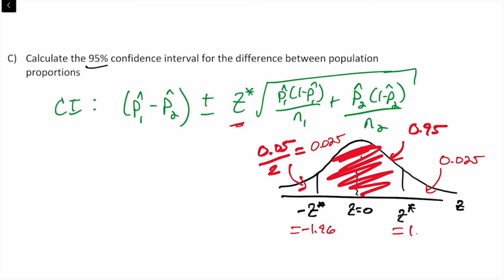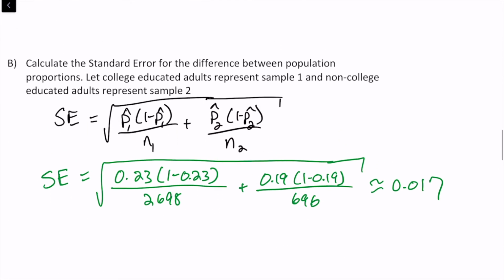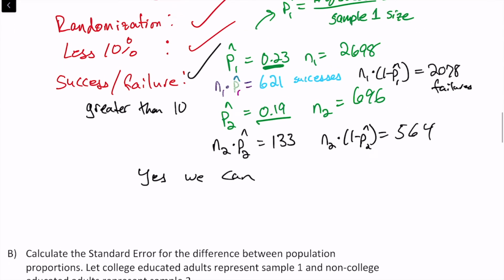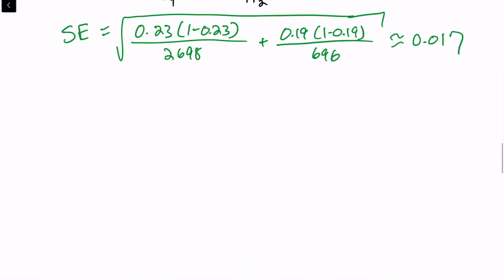Which means the Z critical that we're going to use is a positive 1.96. Always use the positive version. All right, so we have everything that we need. So here we go. The confidence interval will be p1 hat. If you remember, p1 hat was 0.23.